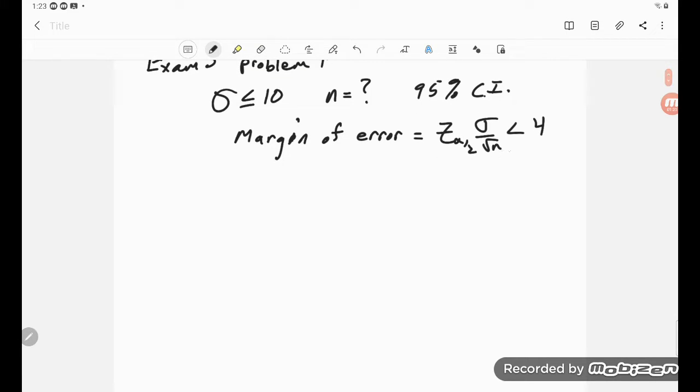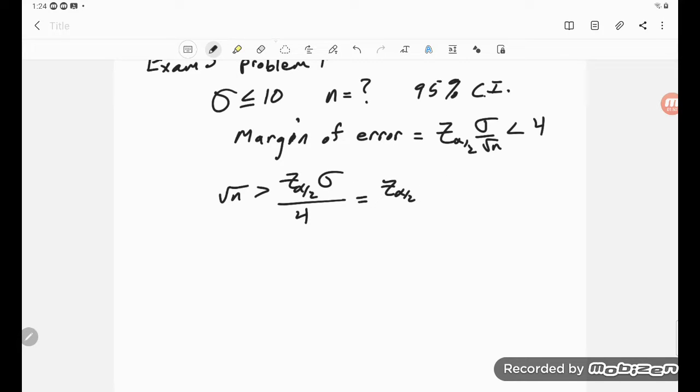Now, if we do that, this says the square root of n has to be greater than our z alpha over 2 sigma divided by 4. Now, if we go with that, then I got my z alpha over 2.